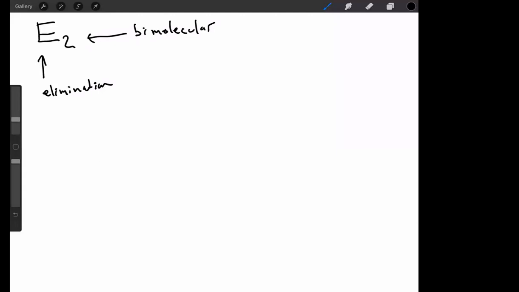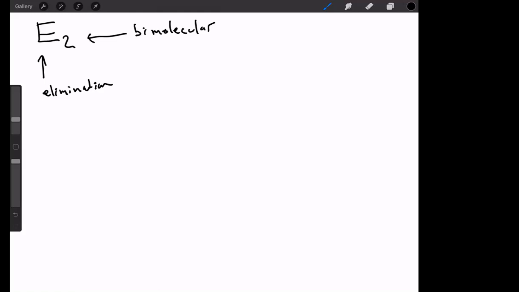It still means bimolecular. So when I thought about a substitution reaction being bimolecular, it meant that the two mechanistic steps are happening at the same time. The loss of the leaving group was happening at the same time as the nucleophilic attack. That led to all these interesting properties that we discussed.